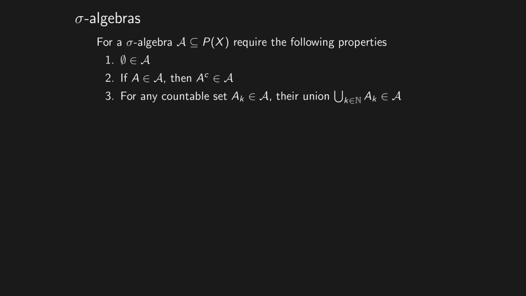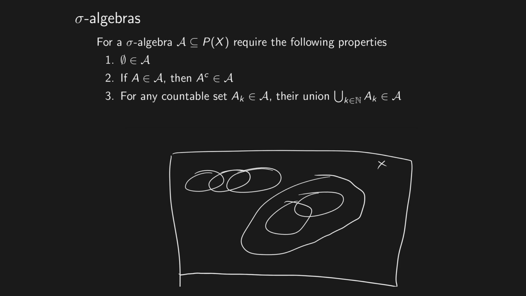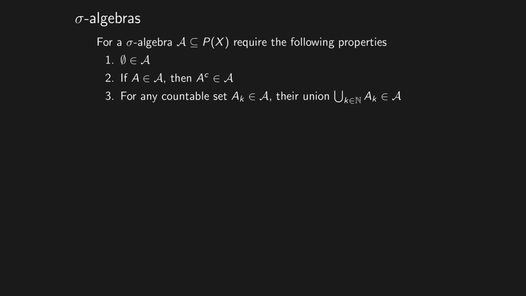And the third is that for any countable collection of subsets, which we denote with A_k, in our sigma algebra, so here we can draw a bunch of subsets, their union also has to be in our sigma algebra. So this entire bit together, this subset, must also be in our sigma algebra. And this can be for an infinite collection or a finite one. It just has to be countable.